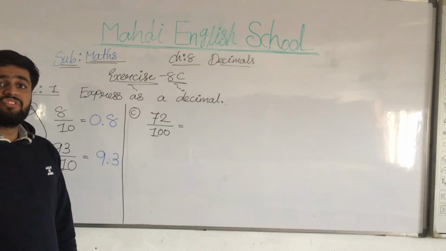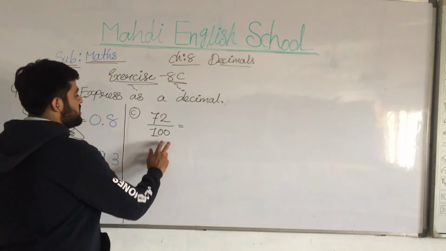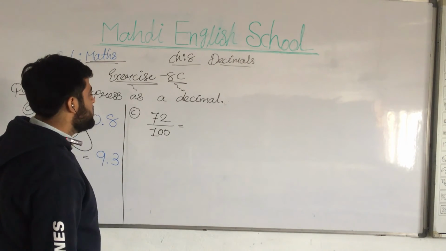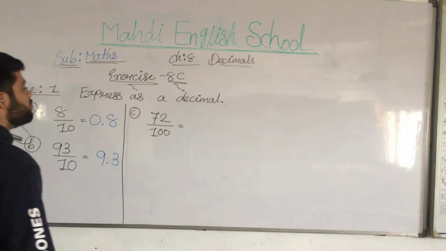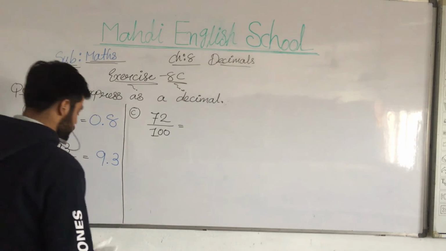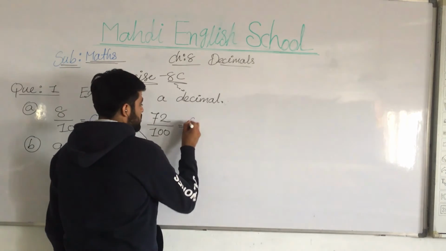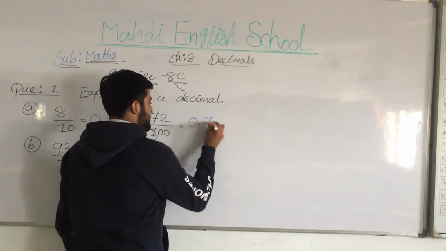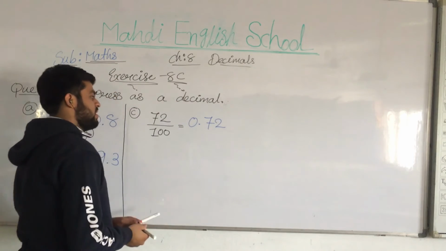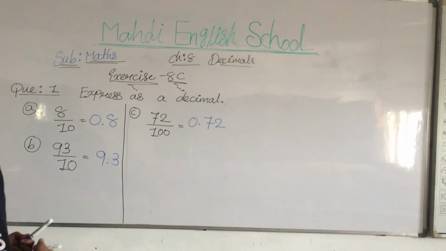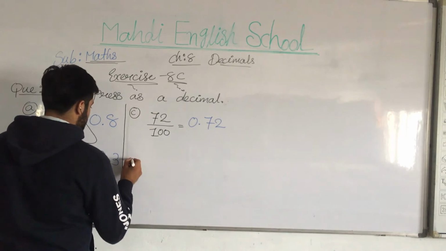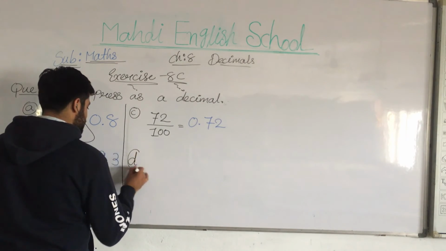How many zeros are here? Two zeros, which means after 2 digits we have to put the decimal point. So we put it like that: 0.72. Understood?